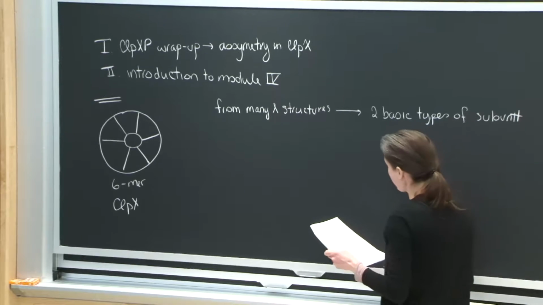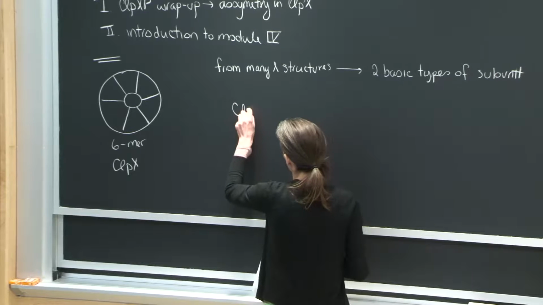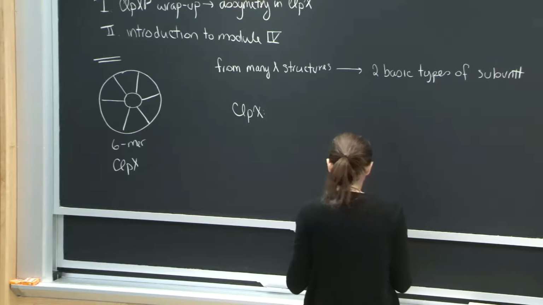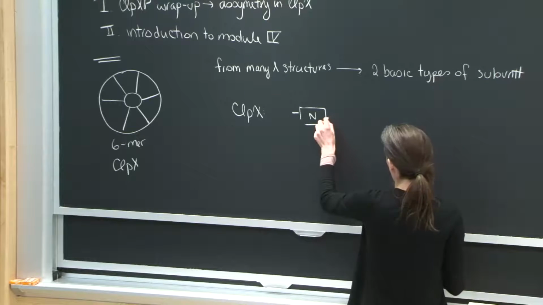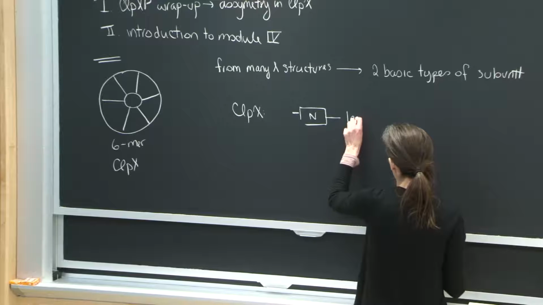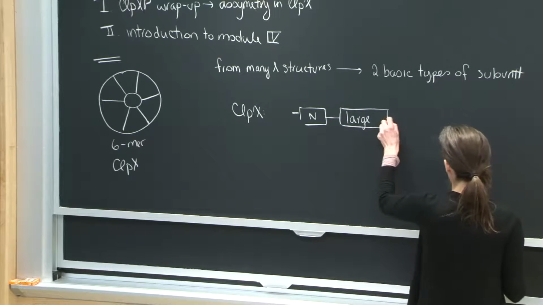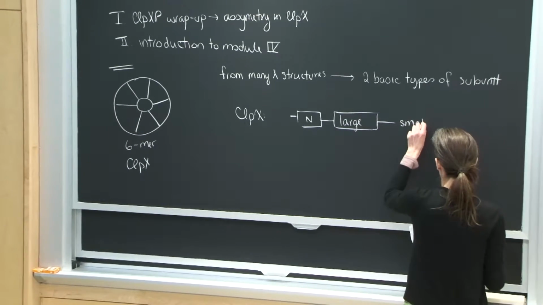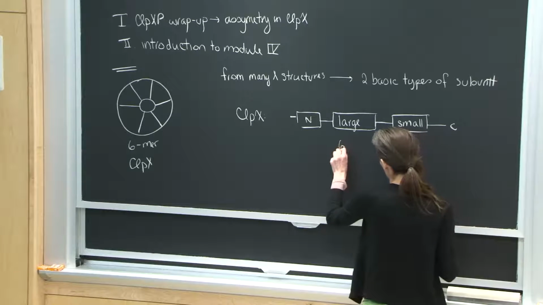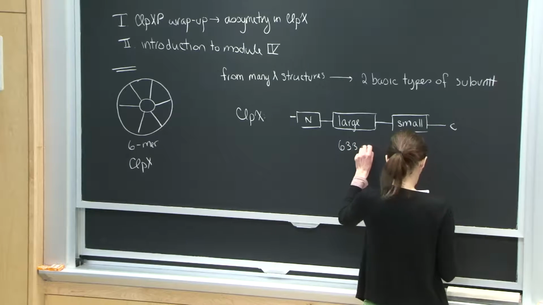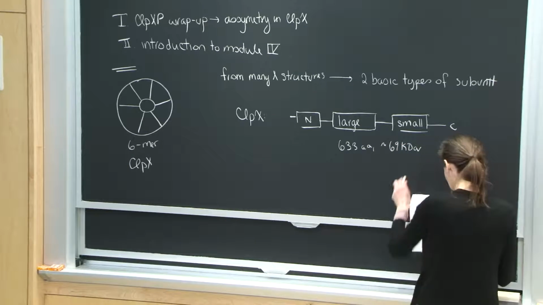And so in thinking about this, we want to first think about the ClpX domain organization. ClpX has an N domain, followed by a domain that's called the large domain, and then followed by a small domain. So 633 amino acids, just to give you a sense of size, and about 69 kilodaltons per subunit.